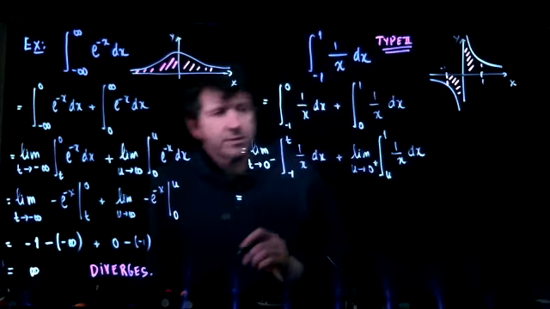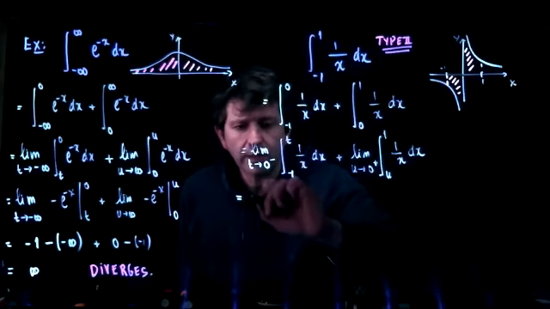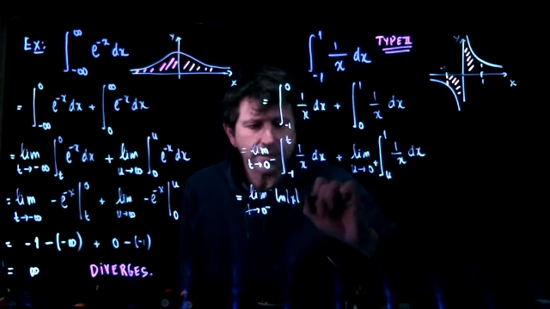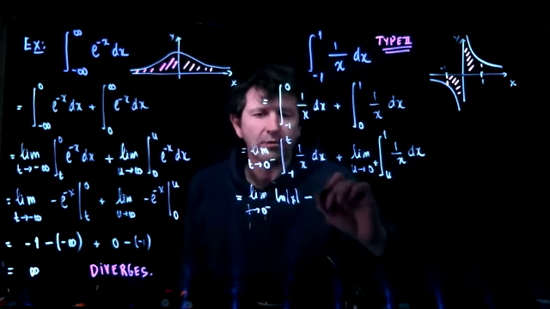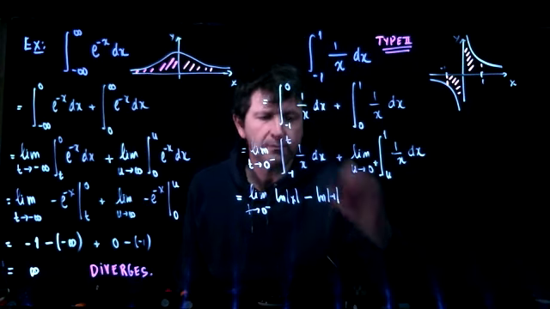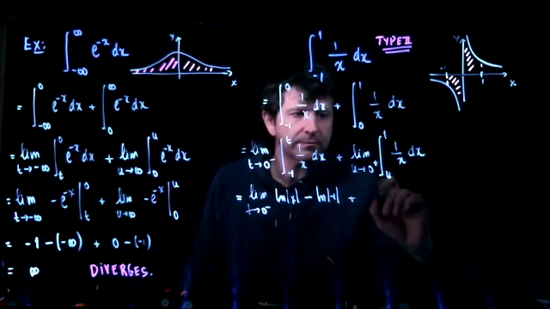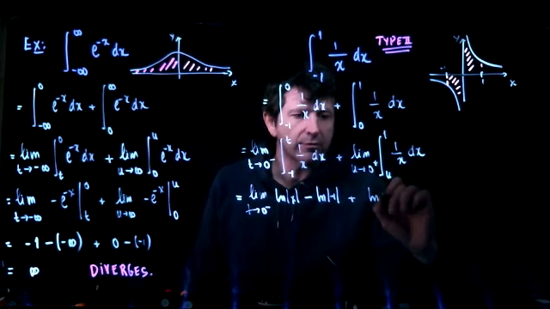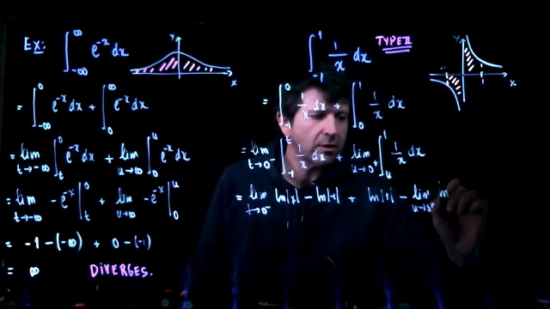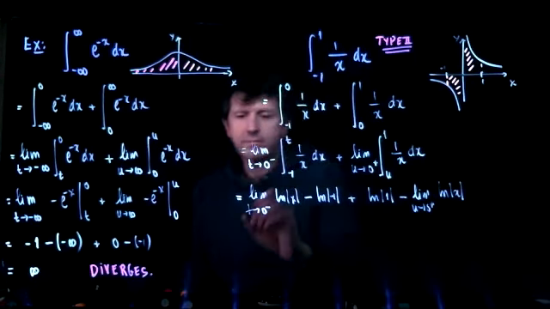This becomes the limit as t approaches 0 from the left side of ln of the absolute value of x, minus ln of 1, and then plus ln of 1 minus the limit as u approaches 0 plus of ln of x.